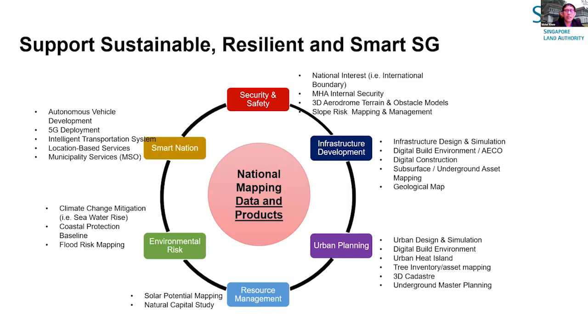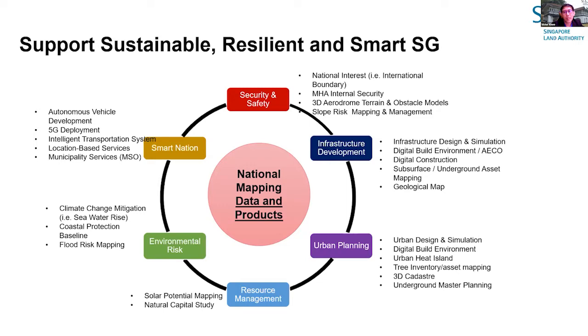The data and products produced support a sustainable, resilient, and smart Singapore in these 6 areas: security and safety, infrastructure development, urban planning, resource management, environmental risk, as well as smart mission.